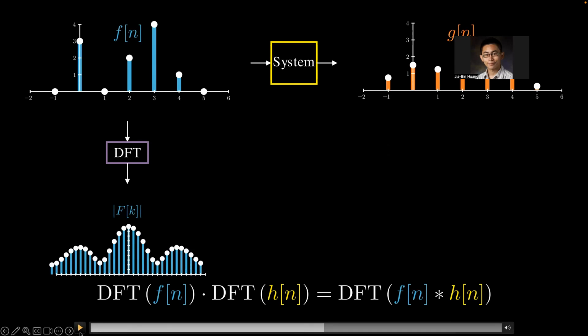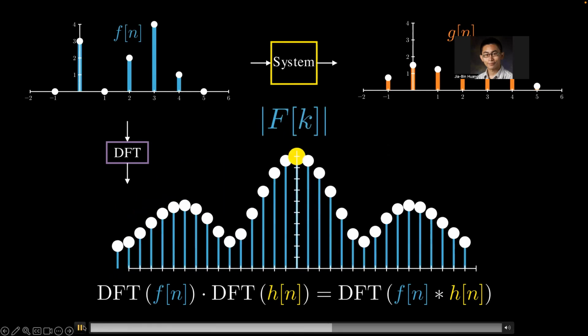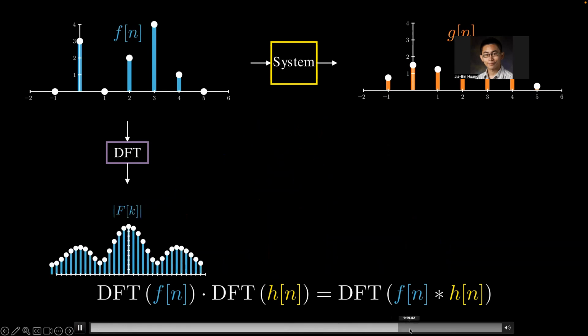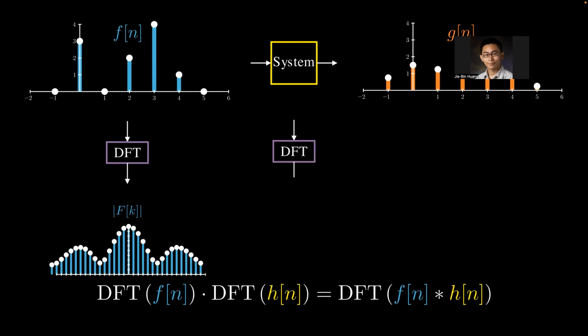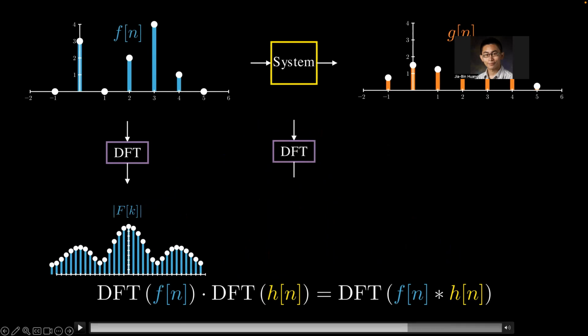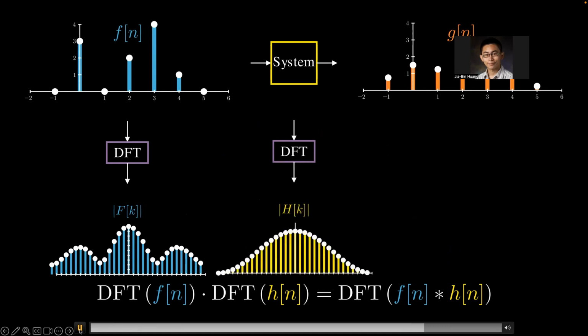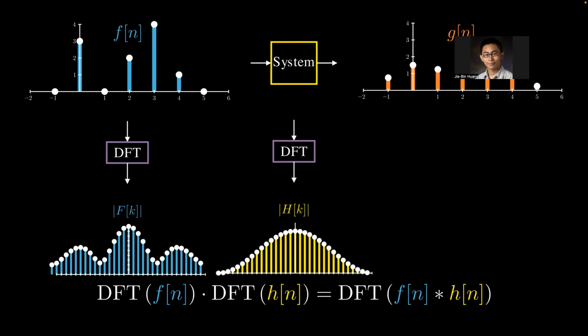Okay, so this is the different frequency components. And then you can see if we apply the Fourier transform on the system, that's the filter weights we have, we get something like this. Okay, in this case, it's a Gaussian filter. So what it says is that, in the end, the output is going to be the multiplication of this guy times this guy for every location.